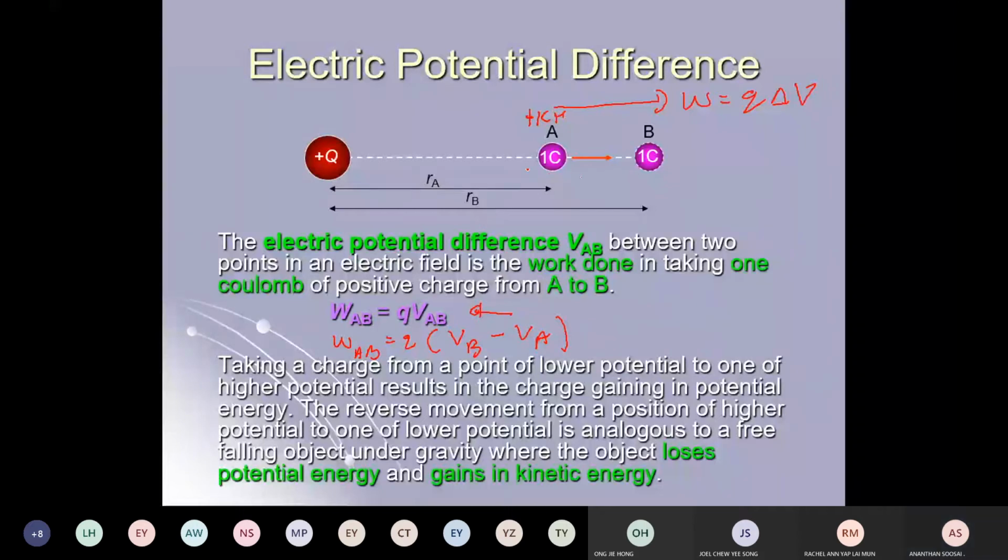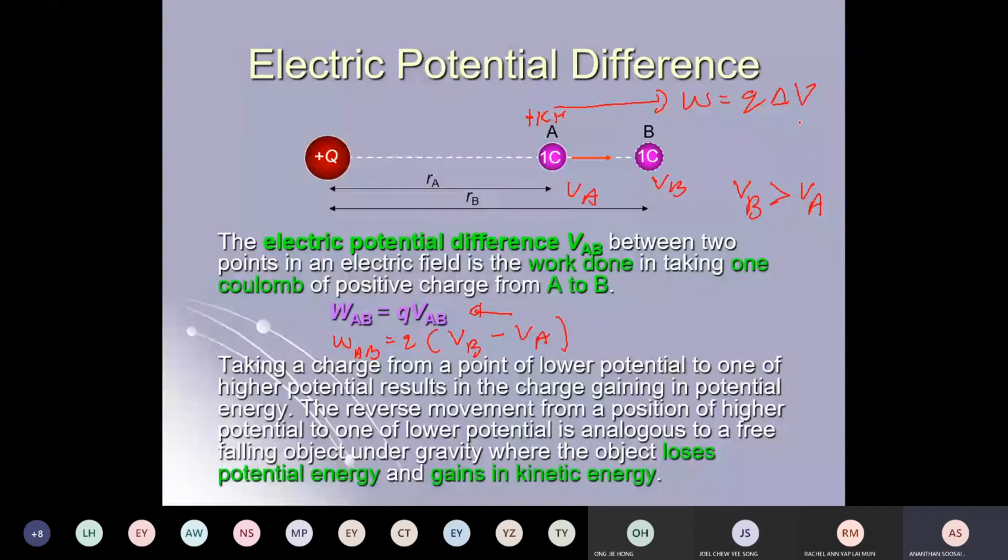Anyone? So VB greater or VA greater? Both are positive charge. Should be VB greater than VA.